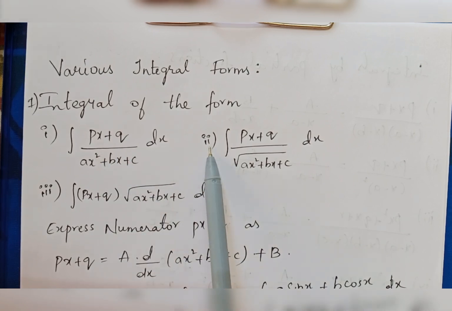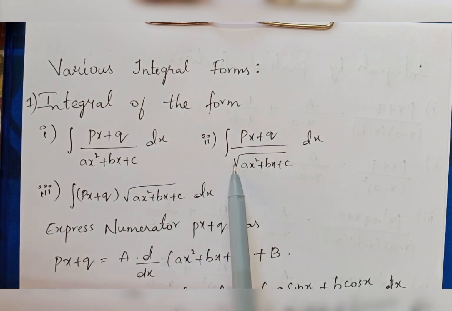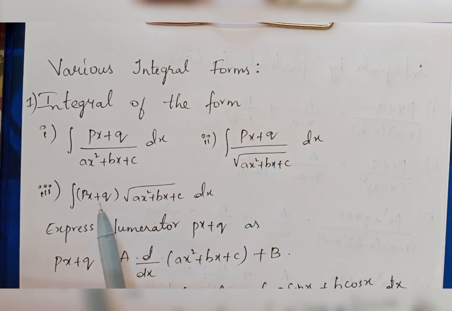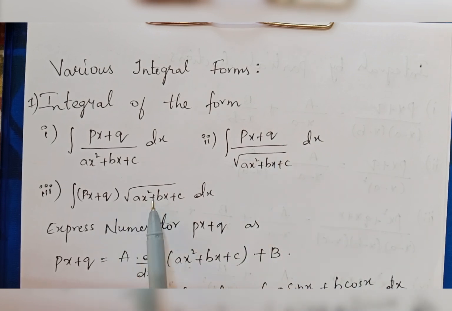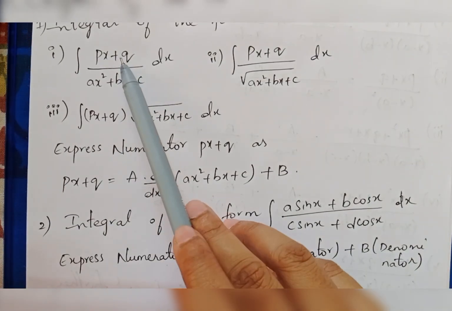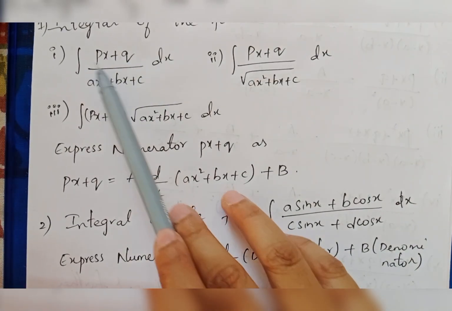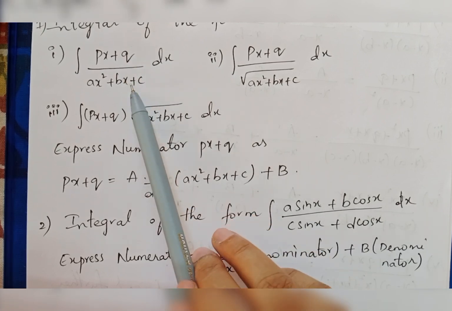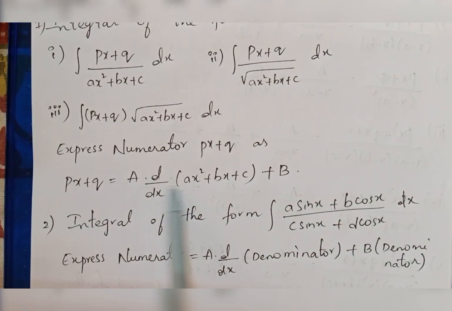Similarly, in case 2, it is the same, but in the denominator there is a root of the quadratic equation, and here they are in multiplication form. So whenever the numerator is a linear equation and the denominator is a quadratic equation, you should use this formula.